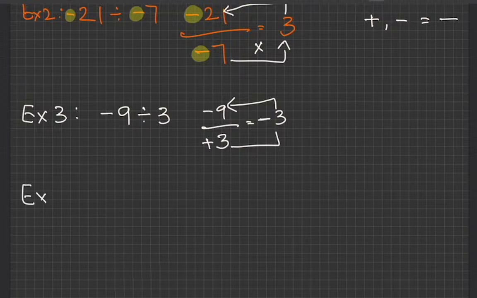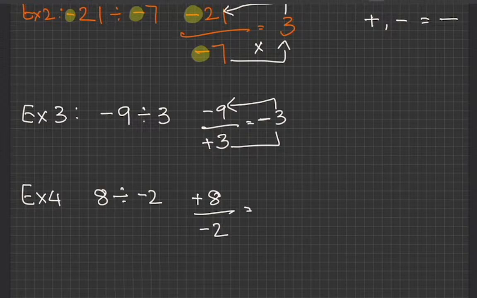Example 4: here I have 8 divided by negative 2. So here my divisor is negative. Again, there is a positive sign and a negative sign.